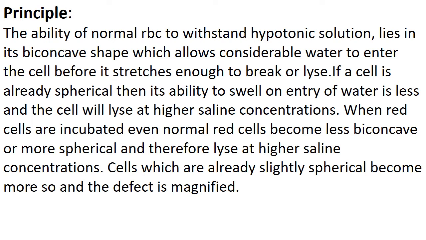When the strength of the saline solution is decreased, spherocytic red blood cells, which do not have the normal biconcave shape, will begin to lyse. That is what I told previously. Hence, in this test, small volumes of blood are mixed at room temperature with a large excess of buffered saline solution of varying concentration. The fraction of red cells lysed at each saline concentration is assessed colorimetrically.